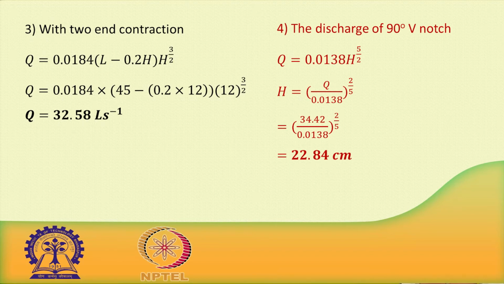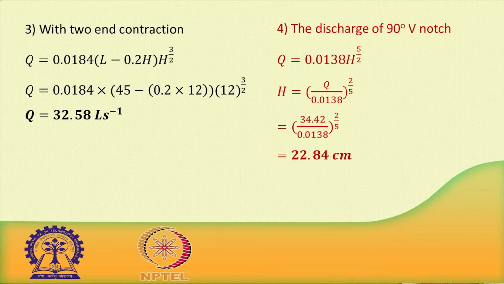Now, the discharge from the 90 degree V notch is the same as the discharge with no end contraction. The discharge from a 90 degree V notch is given by Q equal to 0.0138 h to the power 5 by 2. This is also a Francis formula, where Q is expressed in liter per second and h is in centimeter.